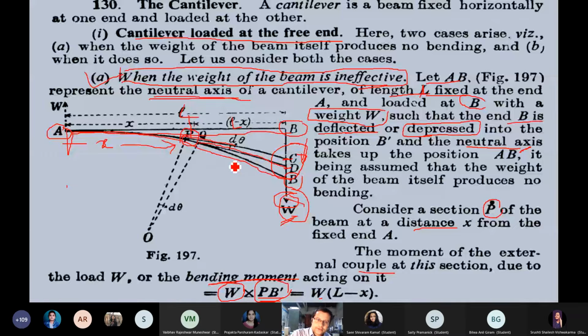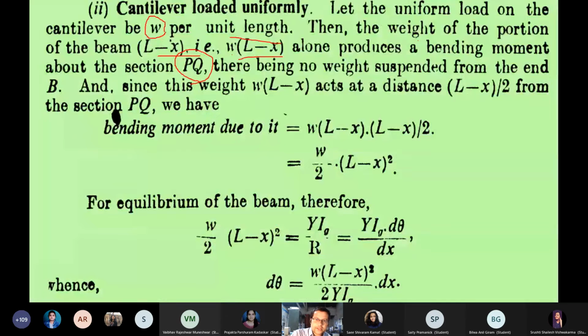The uniform loading acts on this particular portion, and P is held at a distance x, so L minus x is the bending portion, and w is the uniform load, so w into L minus x produces a bending moment about this particular section. There is no weight suspended from the free end because this is a uniform loading, remember that.